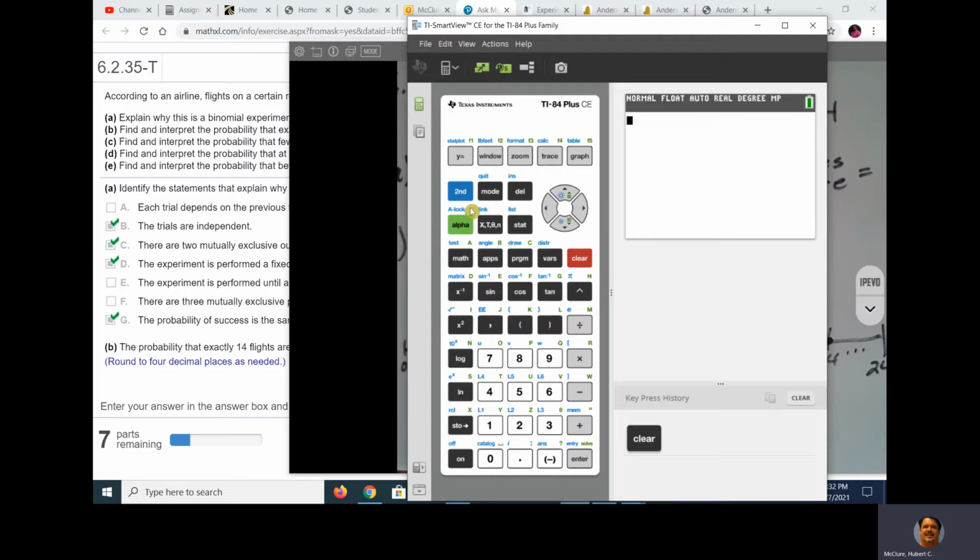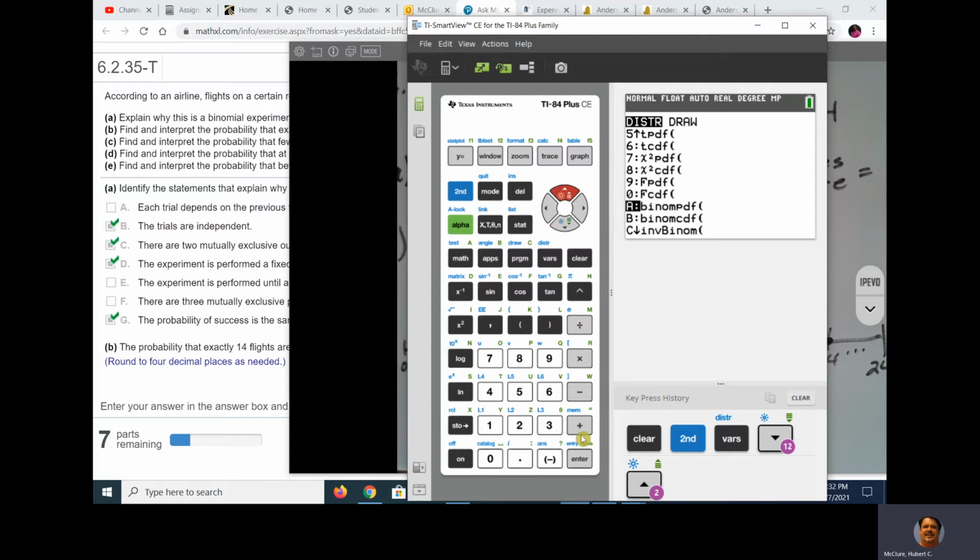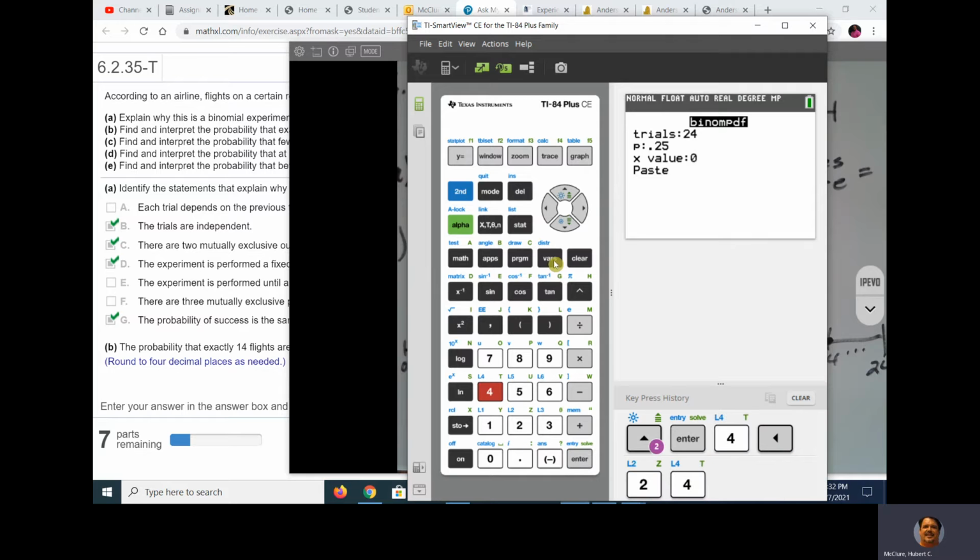Okay, so I'm going to type in second vars, binomial PDF meaning precise, and that's going to be 24, 0.75, and 14. And that probability is 0.0333.